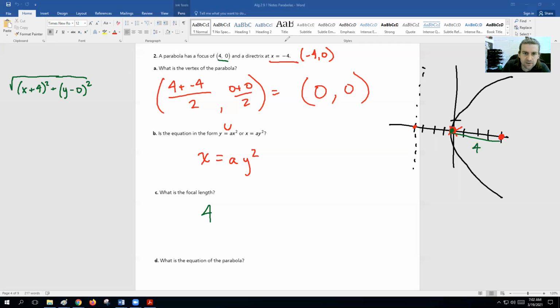Actually, it's x minus 4. This is always minus the x and minus the y. And then equals the square root of, if the directrix is x equals -4, that'd be x plus 4 squared. And then I'm running out of room here, but it'll be all right, because we'll have plus y minus y squared.